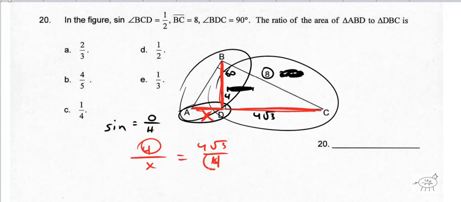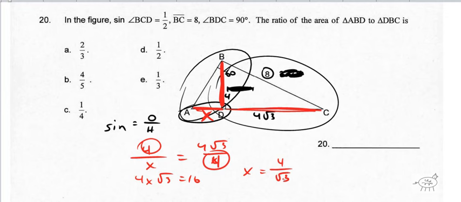The 4 is repeated twice here. Anyway, cross multiply, I get 4x root 3 equals 16. And it turns out x equals 4 over root 3.